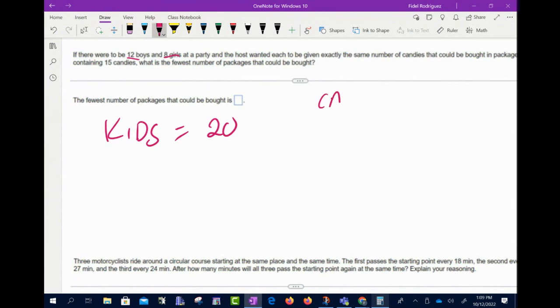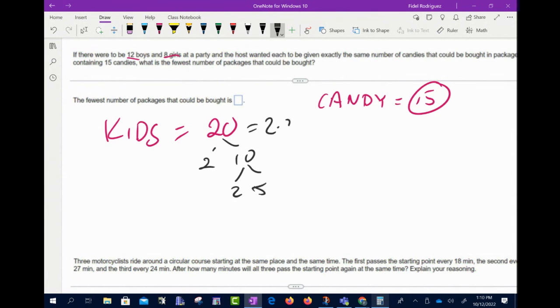And the candies come in packages of 15. So we want to figure out what's the fewest number of packages of candy that we can buy. So what we're really trying to do here, y'all, is find the least common multiple, okay? Look, let's break down the number 20. 20 is 2 and 10. 10 is 2 and 5, okay?